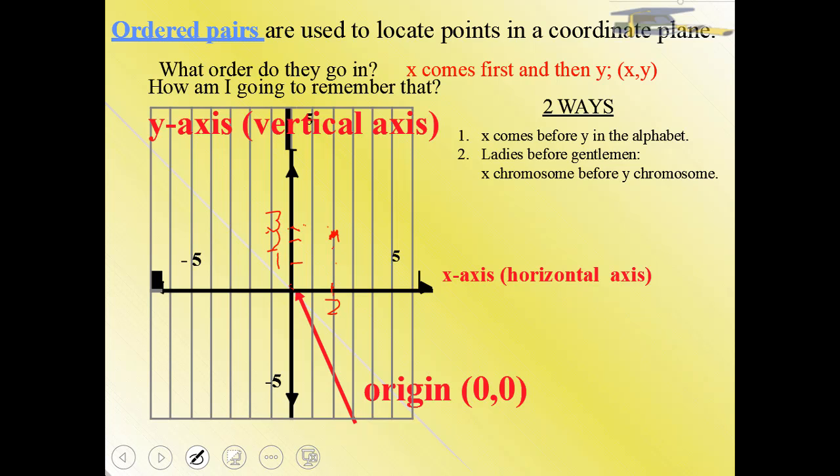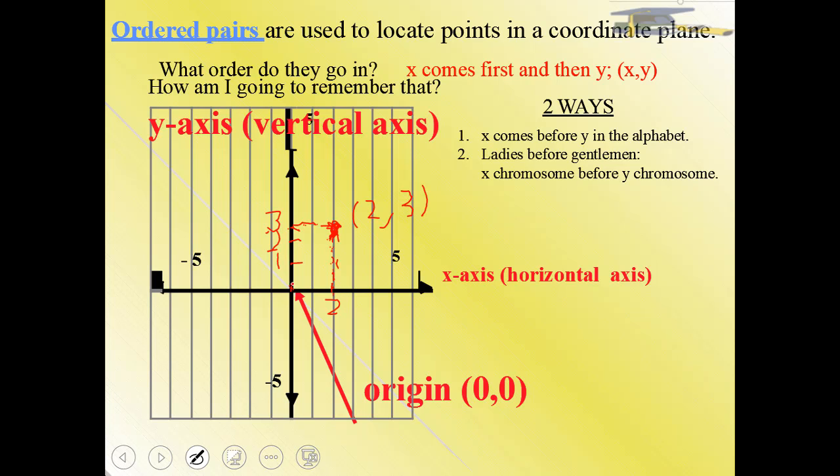Okay, so it's closer to 3. So we go like this and draw a dotted line from here, a dotted line from there, and this would be our point. On the x-axis, it's 2, and on the y, it's 3. So now we know that this point is the point 2 and 3.